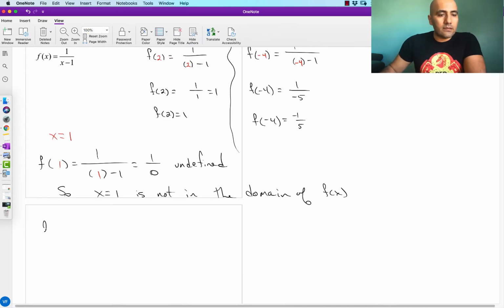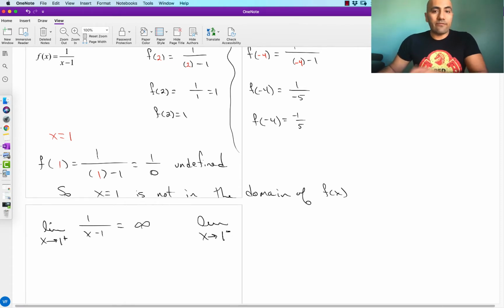We want to say that the limit as the input values approach 1 from the right-hand side of this function, 1 over x minus 1, is equal to positive infinity. And we also want to say that the limit as x approaches 1, but from the left-hand side. Remember, this does not mean it's -1. It means that we're approaching the number 1, but from the left-hand side. So all the input values are a little bit smaller than 1. Of this function, 1 over x minus 1, and these were equal to negative infinity.